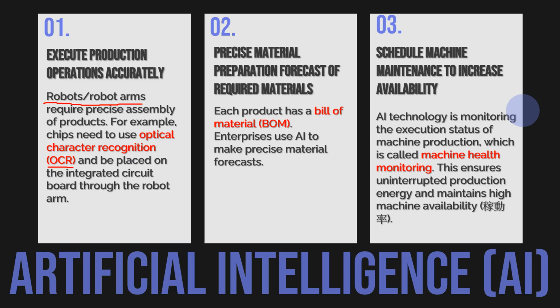So the robot arm has very wide application, okay? And it'll be placed on an integrated circuit, okay? Right now circuit chips, okay, are very important in the stock market, okay? Stock market, okay? And the circuit board through the robot arm, okay?